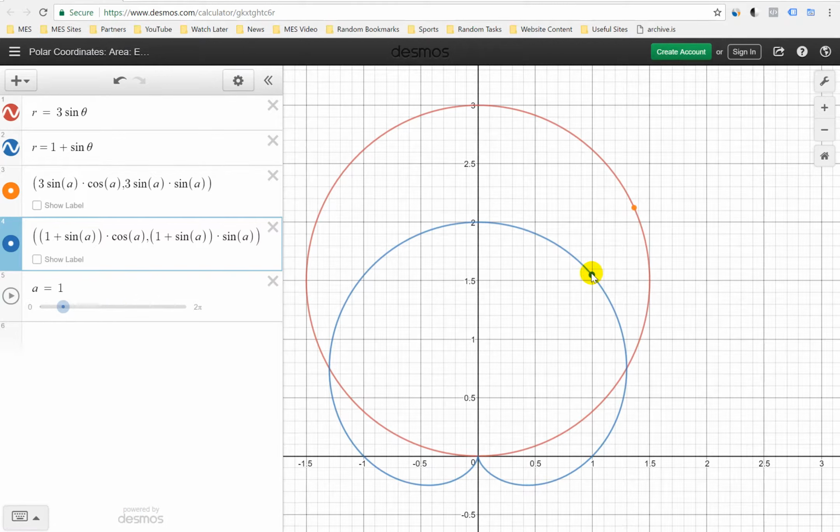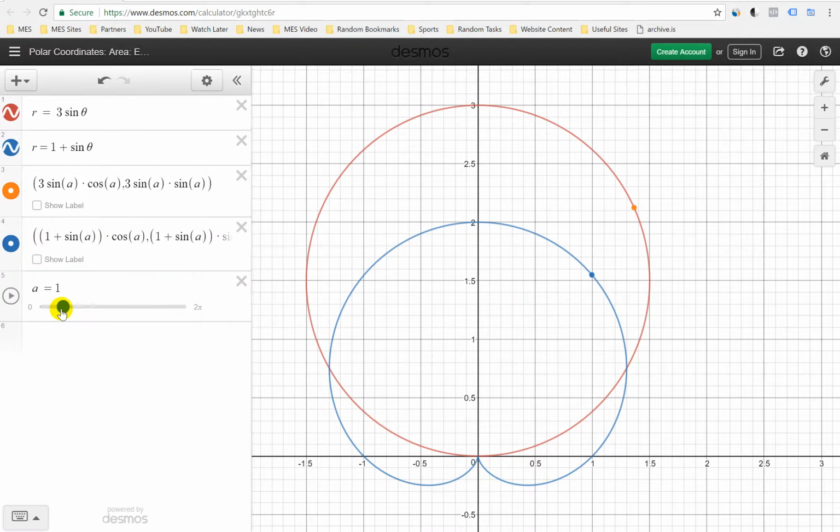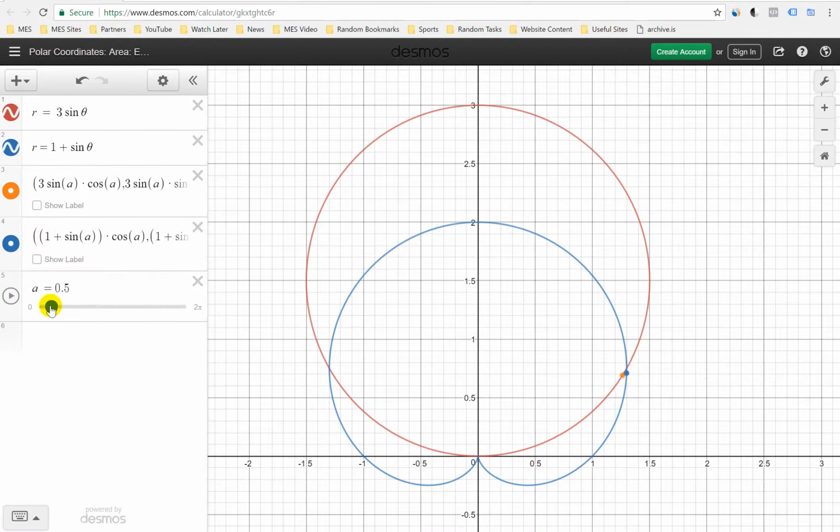Here is the point on the cardioid, and at the exact same time we have this point on the circle. Let's just move this over. So notice it collides right there. Let's go to 0. So here's the start at 0 over at the origin, and over here at 1 for the cardioid. Let's just press play.